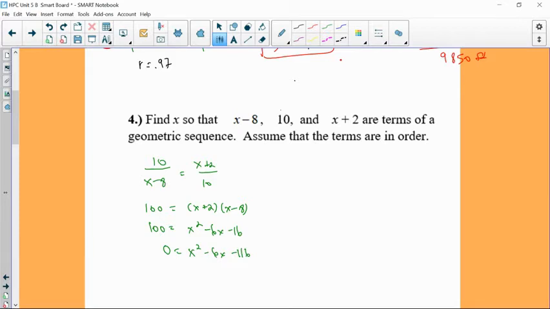And so then, factoring, maybe this is a little bit tough to factor, and that's fine if it is. So then what you can do is complete the square if you want. So 0 is equal to x squared minus 6x. We would say half of 6 is 3, squared is 9.